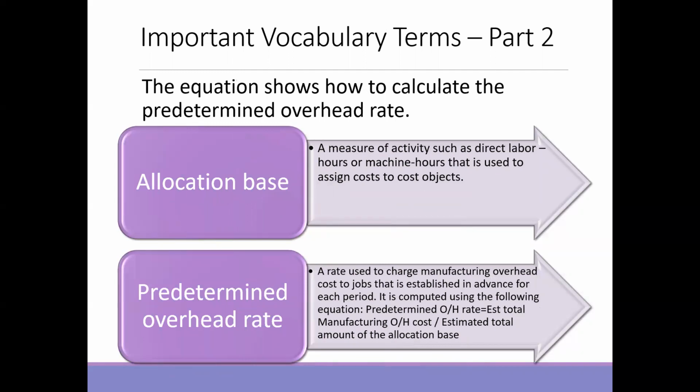All these are familiar to you guys. We're just really defining them. Allocation base is a measure of activity such as direct labor hours or machine hours that's used to assign cost to cost objects.